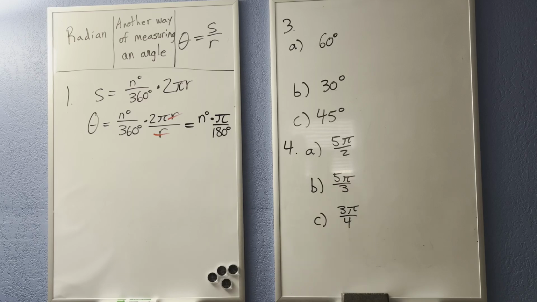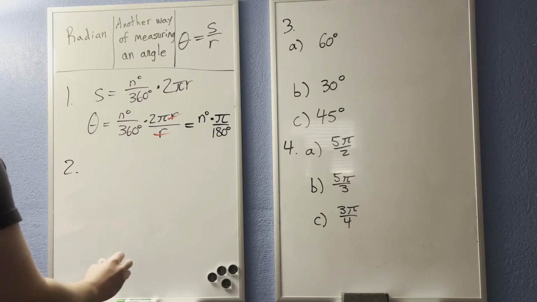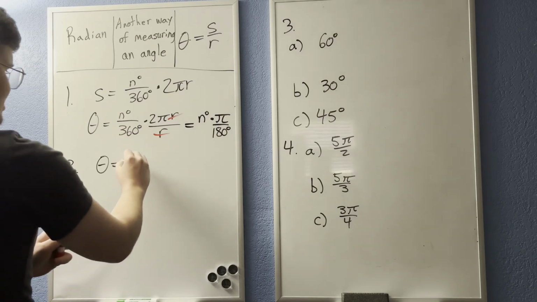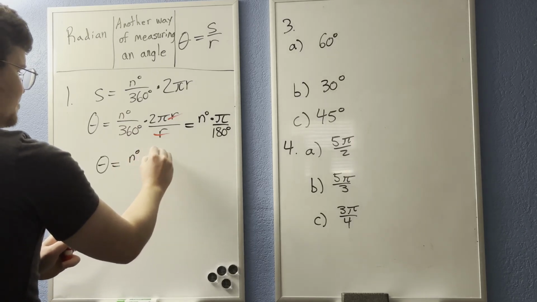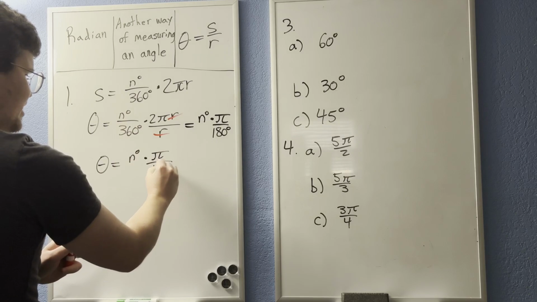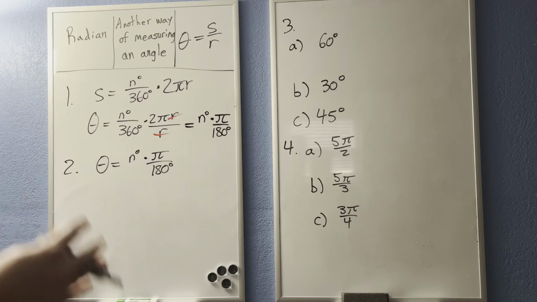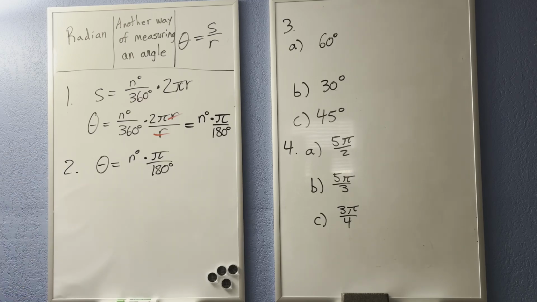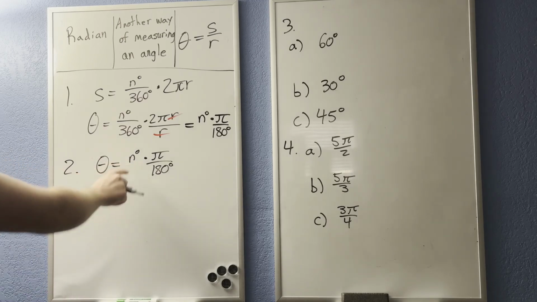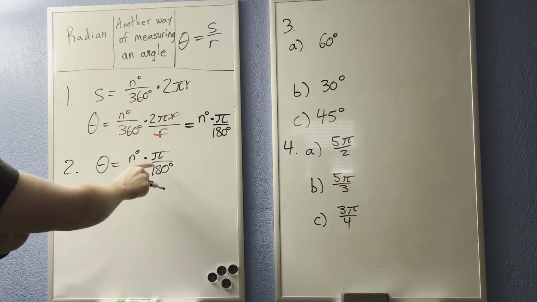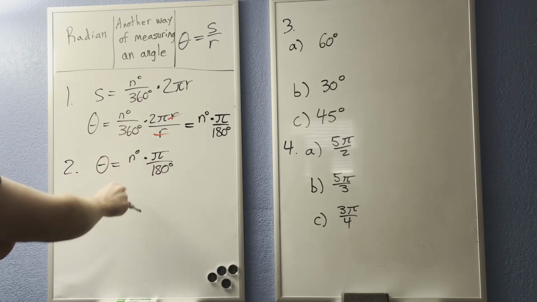Okay, we might want to go the other way as well. So if I have theta in radians is n times pi over 180, well, let's say I wanted it to be in degrees, but I have it in radians. I want to get this part by itself. So instead of multiplying by pi over 180, I'm going to multiply by 180 over pi.